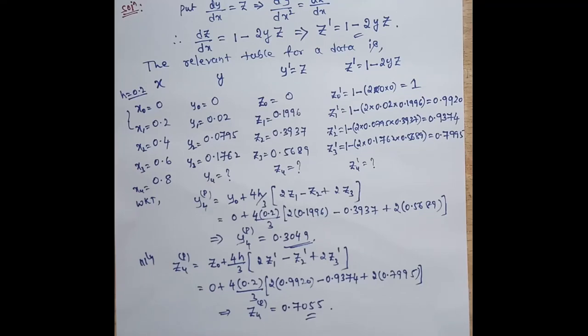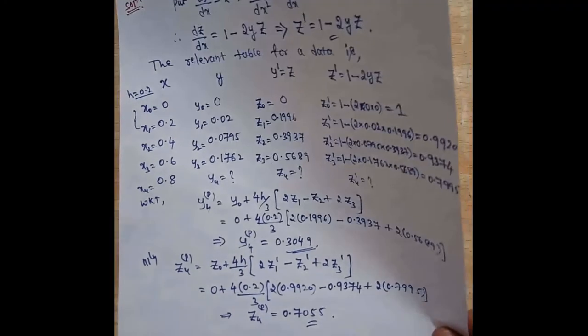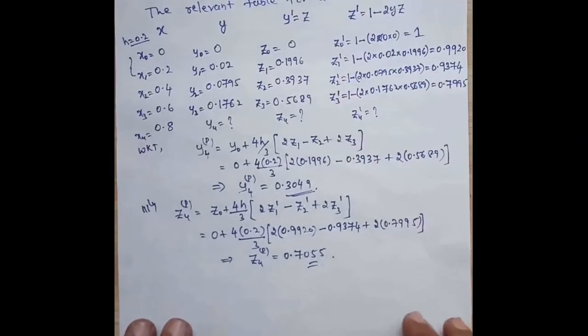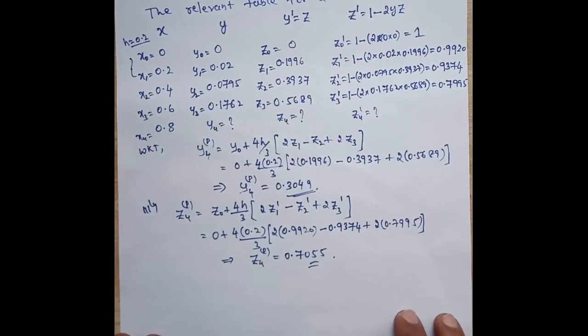Right? So we got the predicted values for y and z. Once you get the predicted values, in the next step you have to find z4 dash, because in the corrector formula we have z4 dash. So let us calculate z4 dash now.